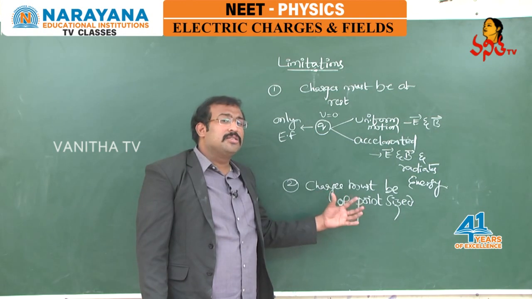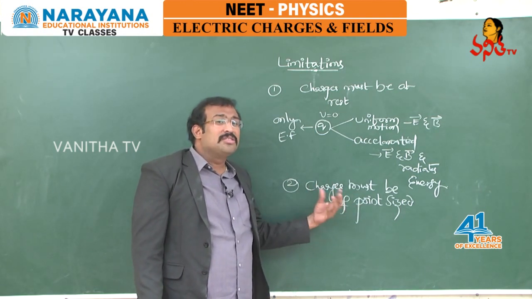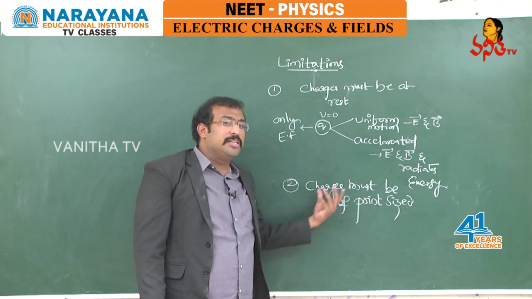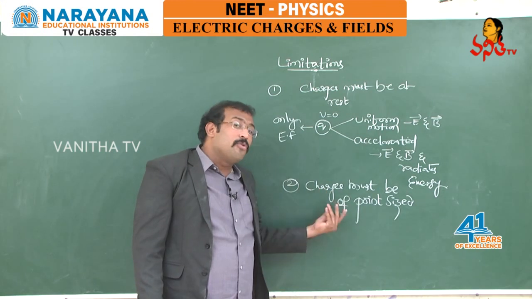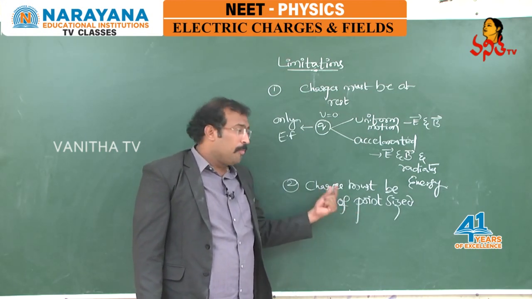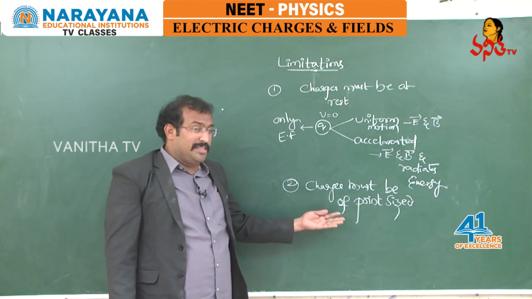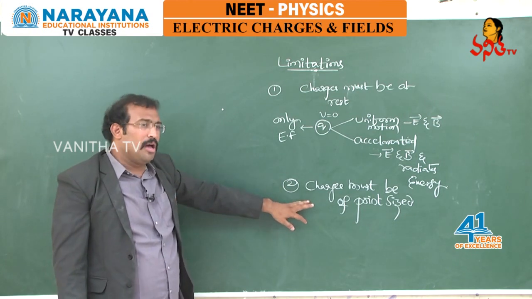So inducing of charges will take place upon the surfaces, which results in a difference in the distance of charges. Therefore, the net force will change. That is the reason why the charges must be point sized. Therefore, these are the limitations of Coulomb's law.